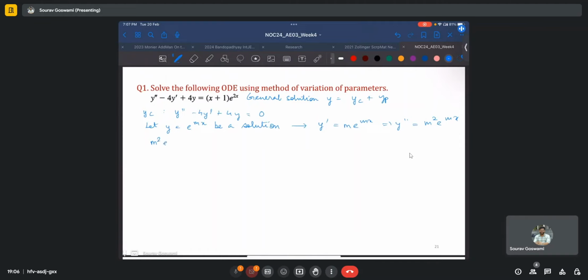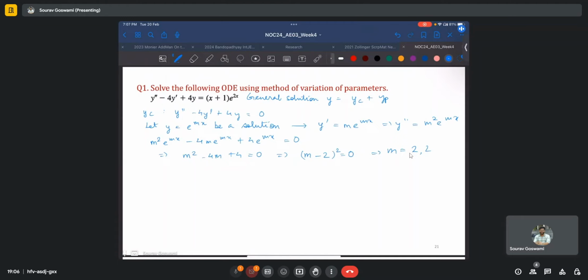So m square e power mx minus 4m e power mx plus 4 e power mx equals 0, or m square minus 4m plus 4 equals 0, or (m minus 2) whole square equals 0, or m equals 2 and 2. So this is a case of repeated roots.